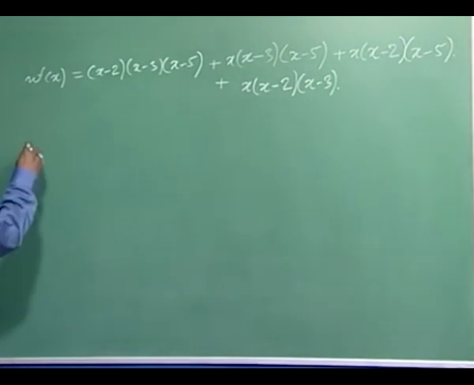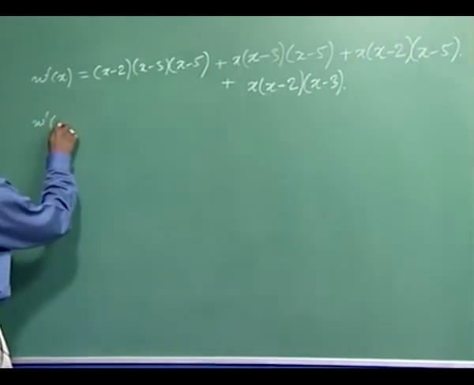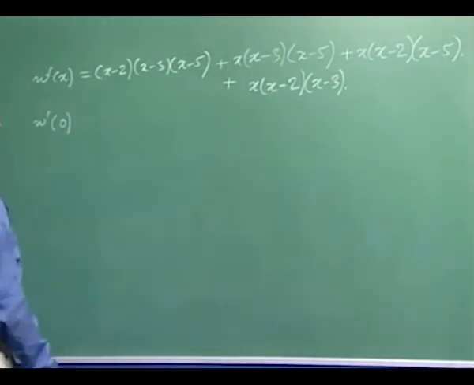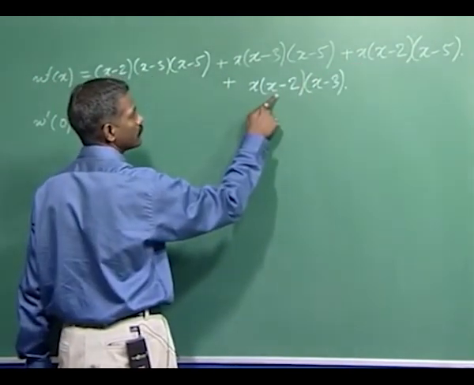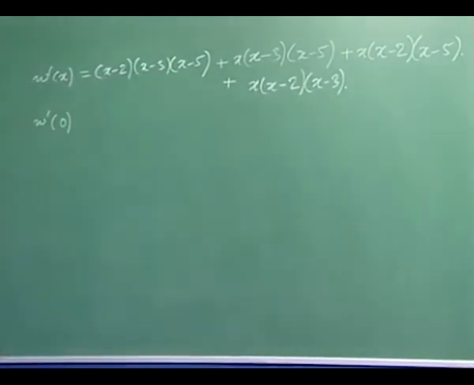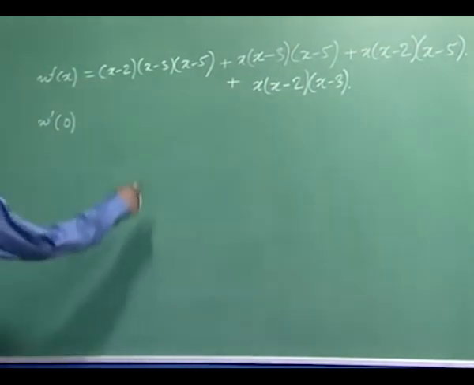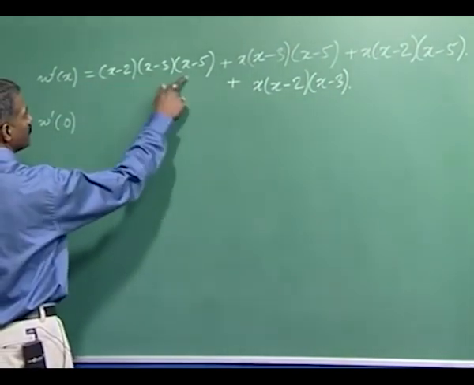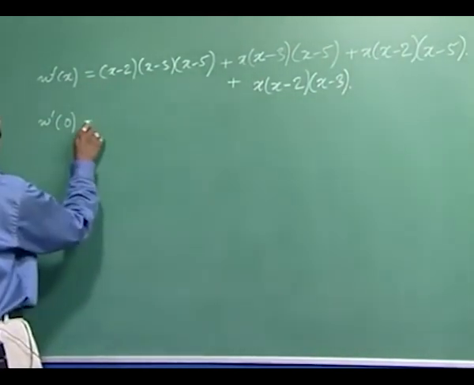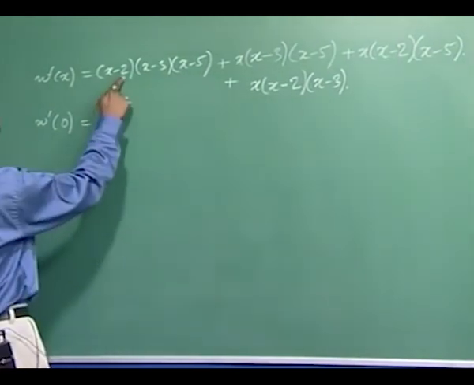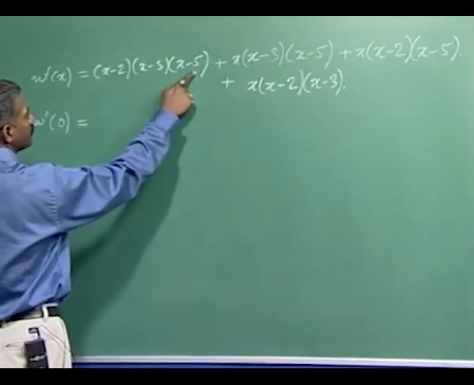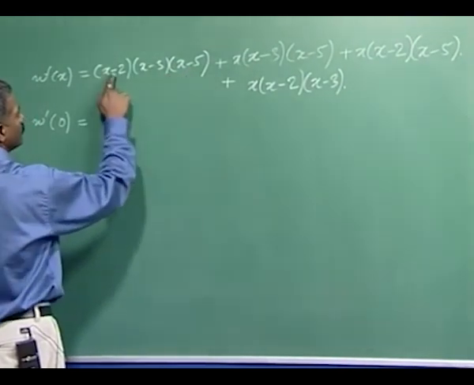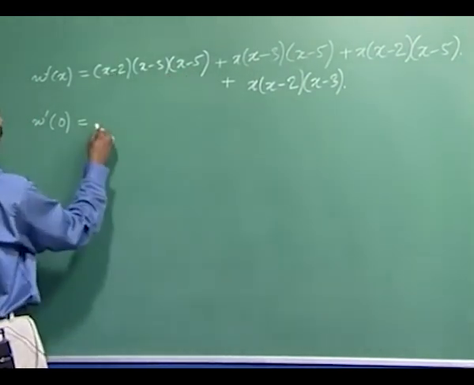Now, what is w prime at 0? So the second, third, and fourth terms will all be 0. It is this first term which will be non-zero here. This is equal to 2 times 3 times 5 with a negative sign, minus 30.